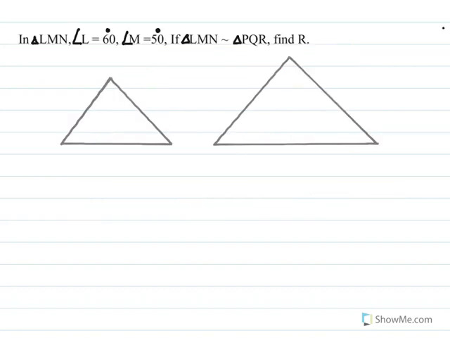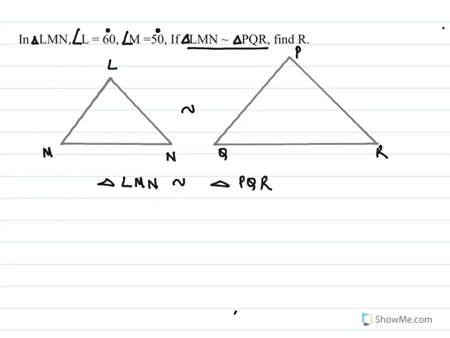In this sum, we have two triangles that are similar. Triangle LMN is similar to triangle PQR. And if they are similar, their angles are equal.